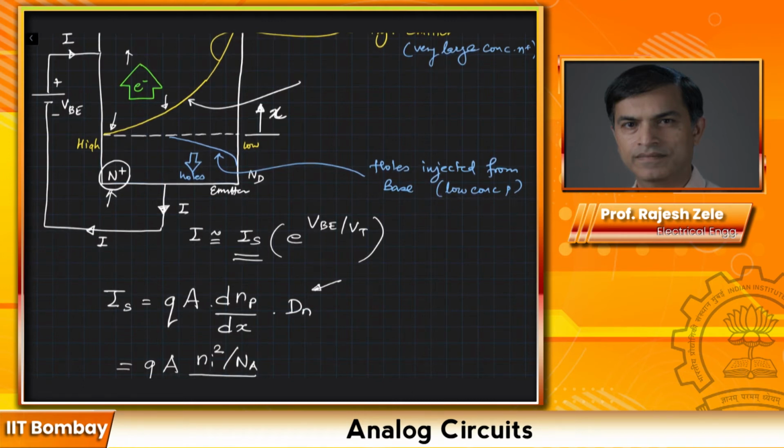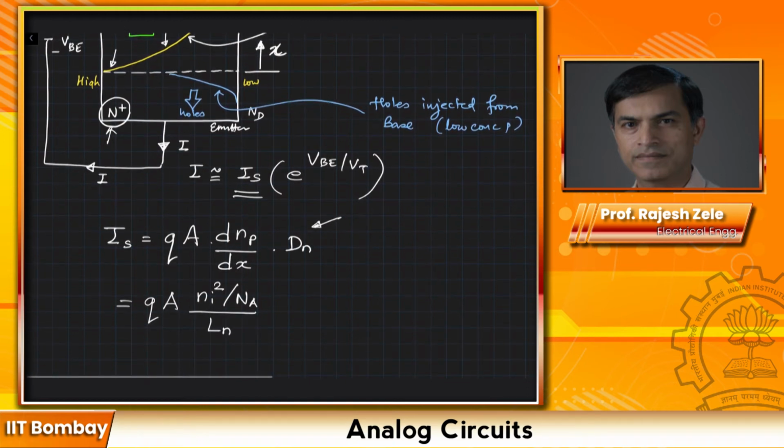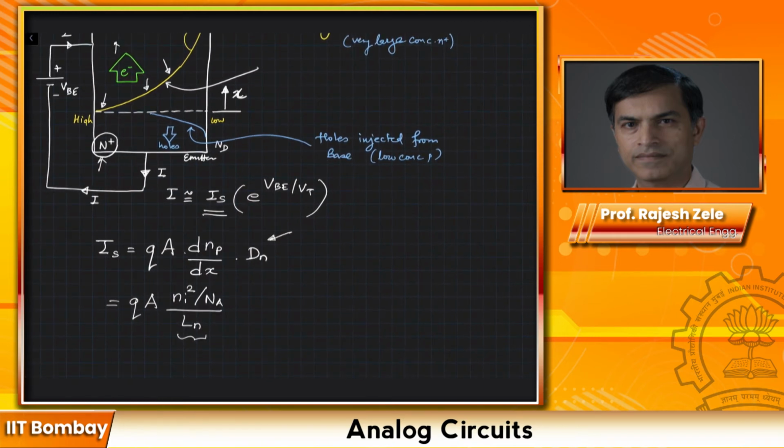The exponential decay that we are seeing in this yellow carrier concentration is characterized by the diffusion length L, in this case the diffusion length of electrons in the base region. If Ln is small, this exponential decay would be faster, which means that the electrons are recombining faster. So Ln indicates the diffusion length within which the electrons are disappearing, recombining.